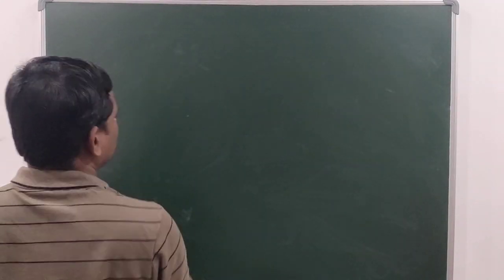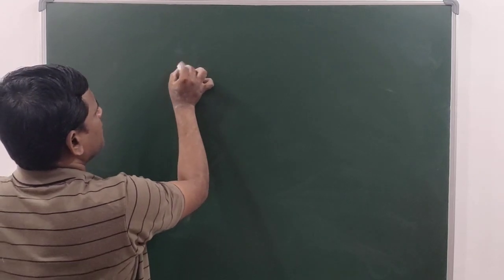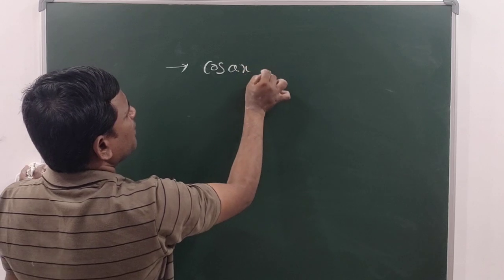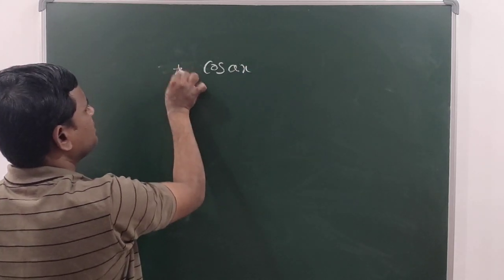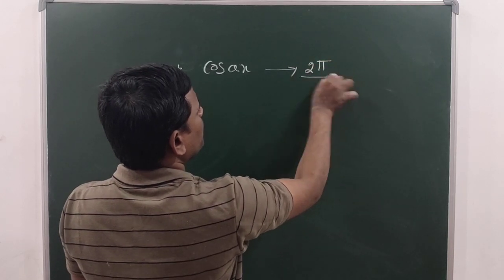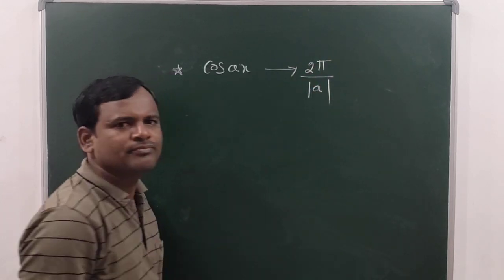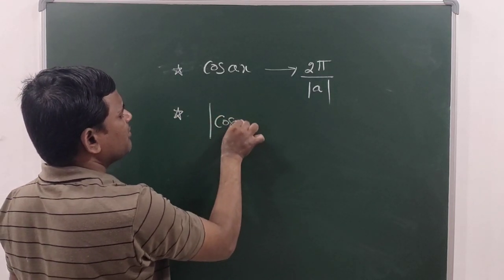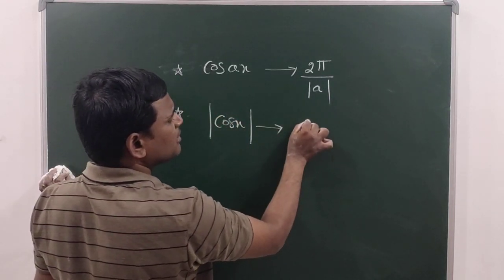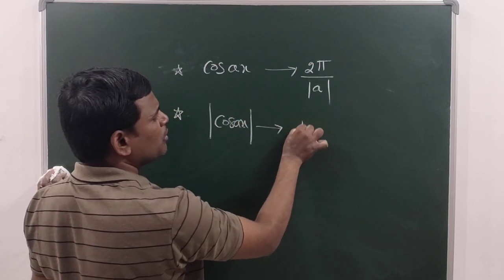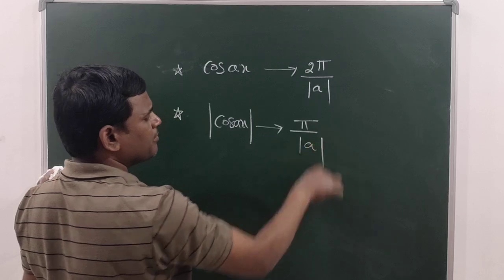Now, find the period of cos ax. What do you comment on its period? It is 2 pi by mod a. Similarly, mod of cos ax has period pi by mod a, pi radians.